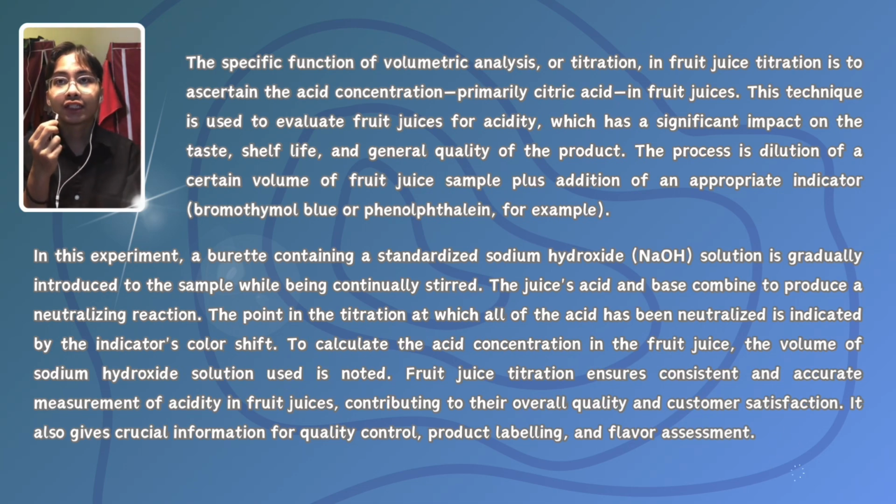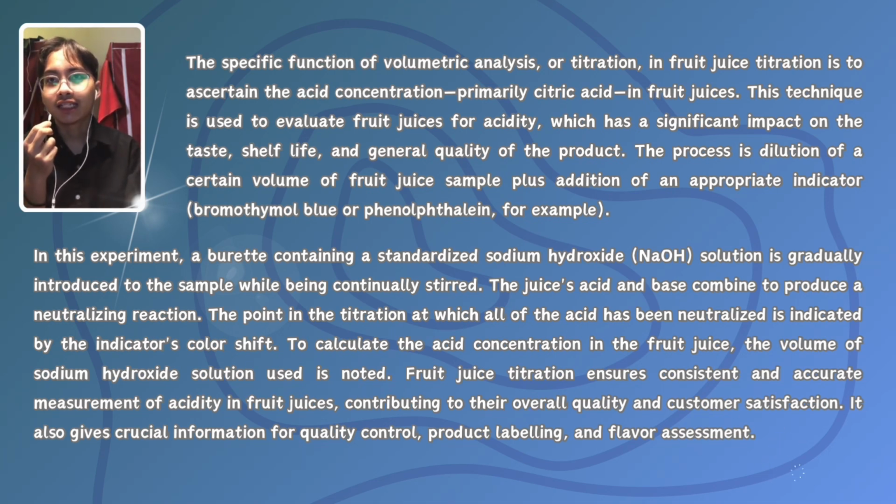The process is dilution of a certain volume of fruit juice sample plus addition of an appropriate indicator. In this experiment, a burette containing a standardized sodium hydroxide solution is gradually introduced to the sample while being continually stirred.